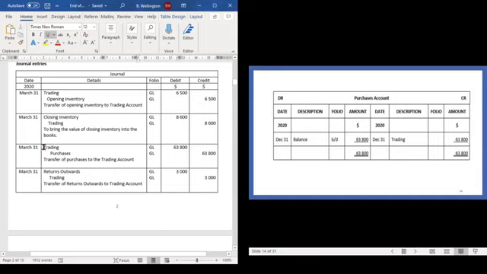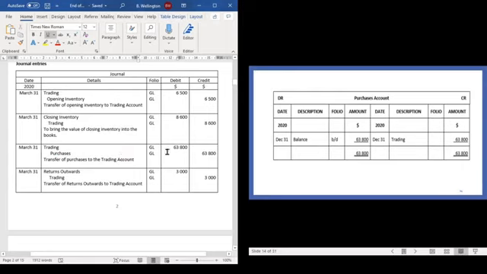It said that we're going to debit the trading account and credit the purchases account. Remember that your purchases account would have had a debit balance on it. So in order for you to transfer what is on the purchases, you would have to make a credit entry. And that is what the journal entry told us to do.